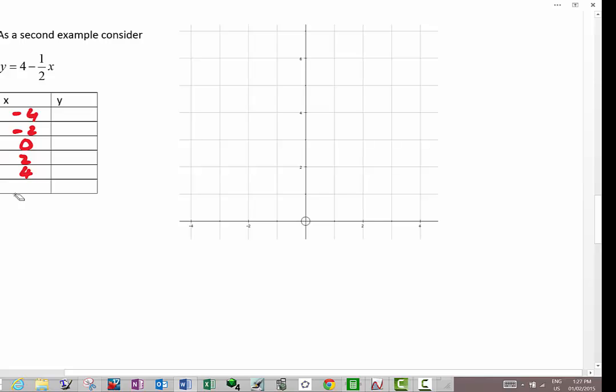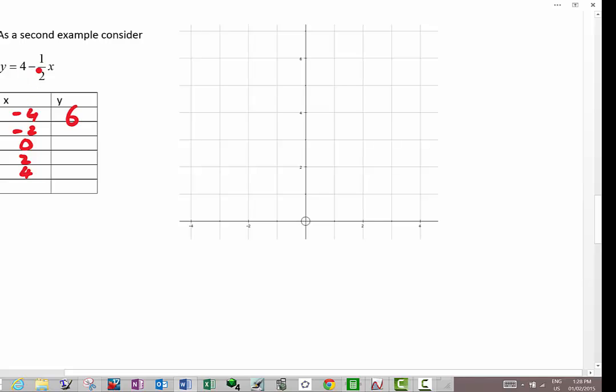So when x is minus 4, the y coordinate is 4 subtract half the x value. Well, half of minus 4 is minus 2. So the y coordinate is 4 subtract minus 2. 4 subtract minus 2 is 4 plus 2, which is 6.